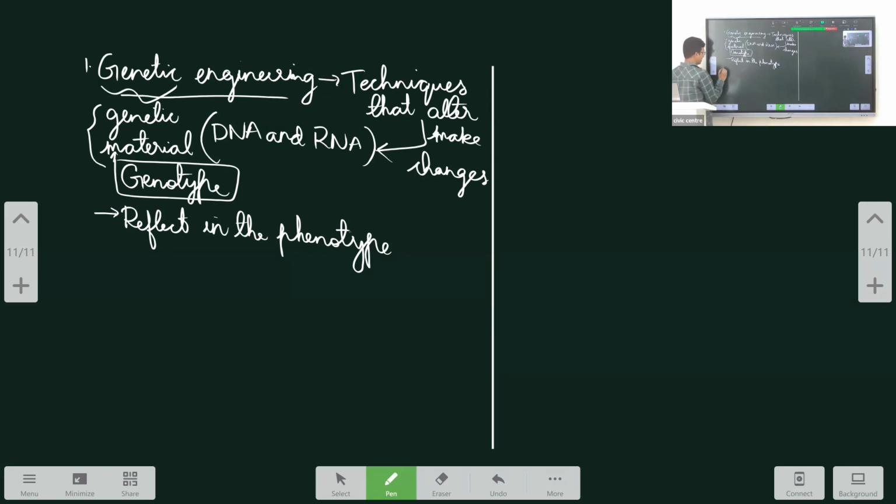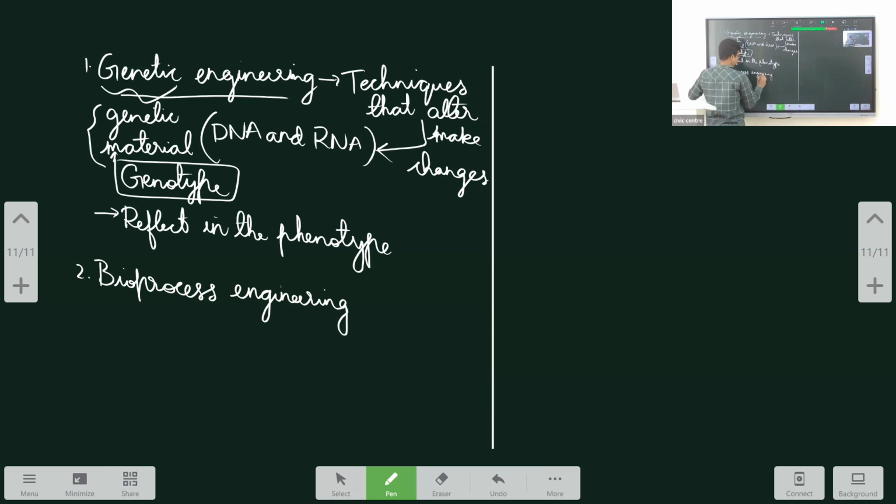And the second principle with respect to biotechnology is bioprocess engineering.